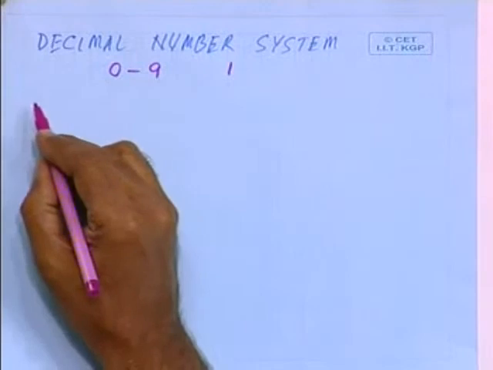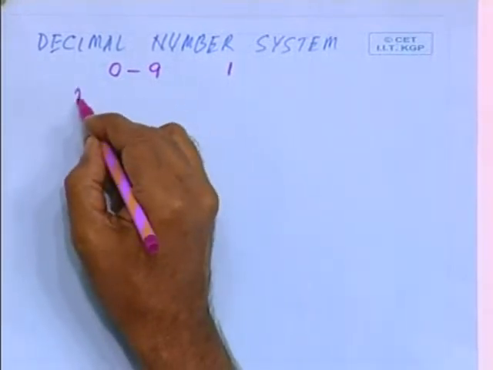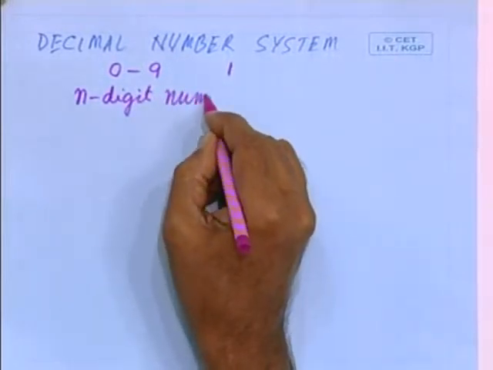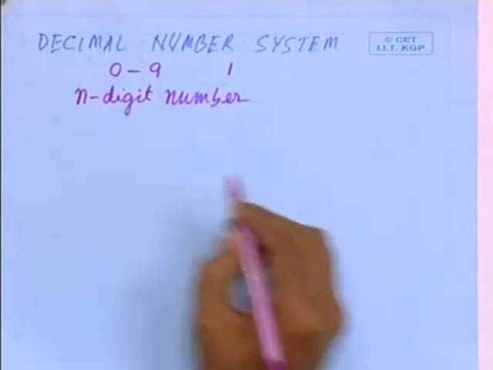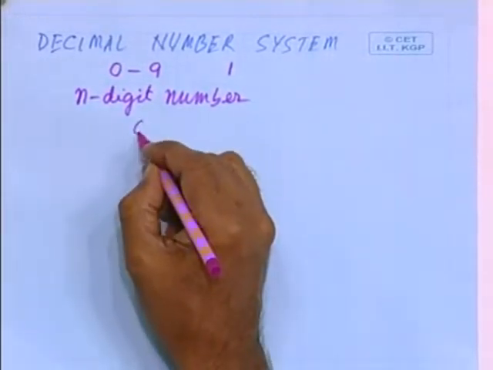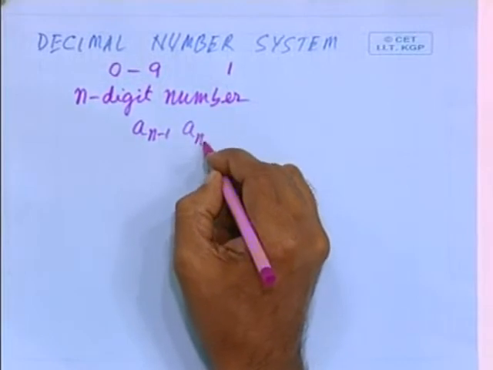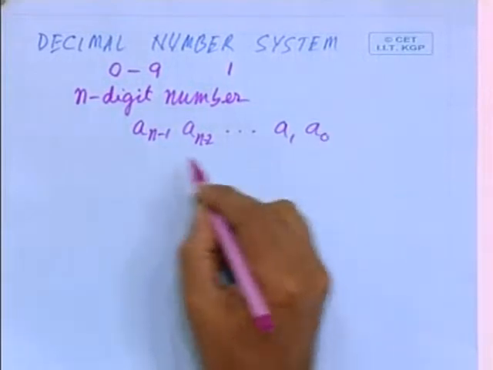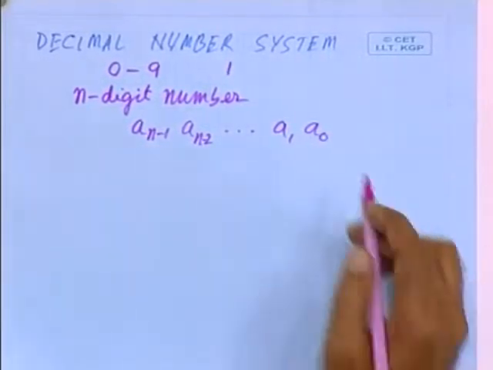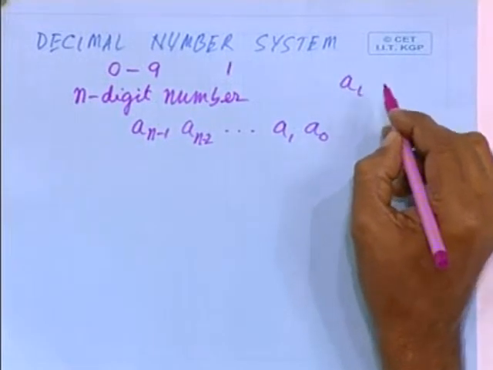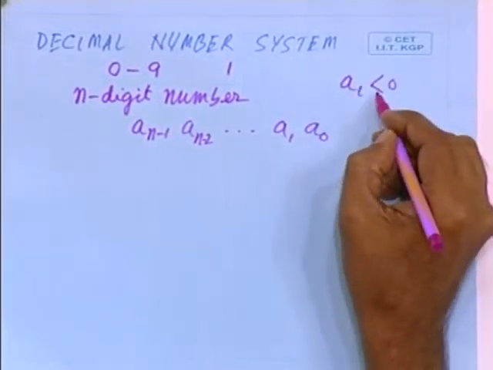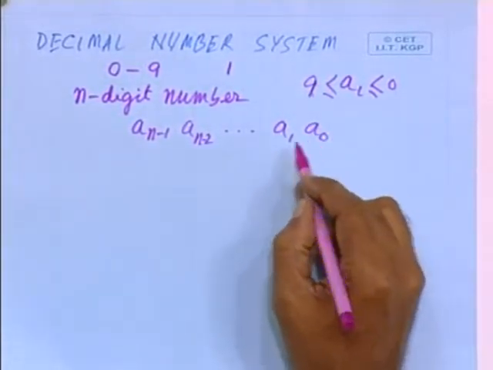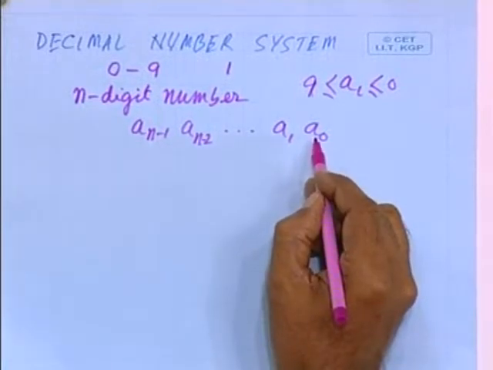Suppose you have to represent an n digit number, it can be represented by a(n-1), a(n-2), down to a1 and a0. These are the n digits, and each of these digits ai can vary from 0 to 9.